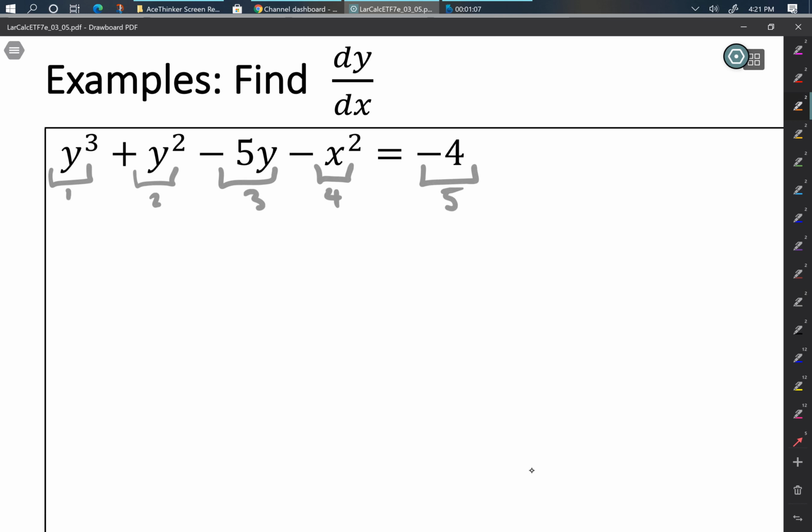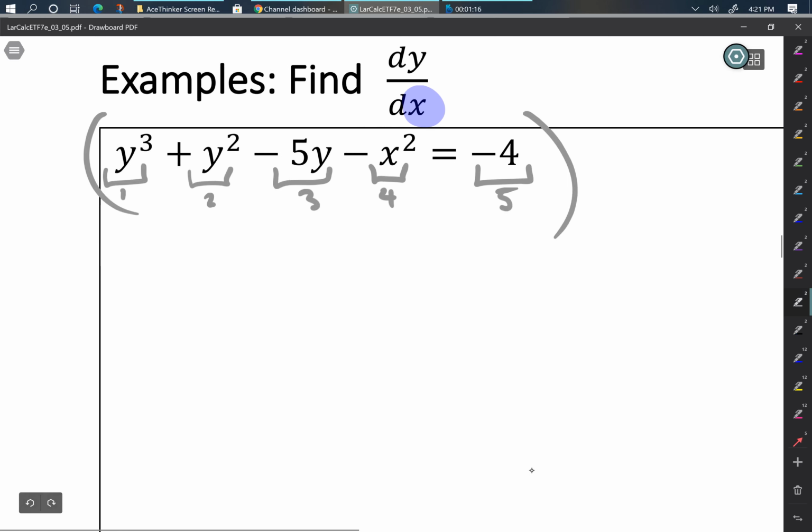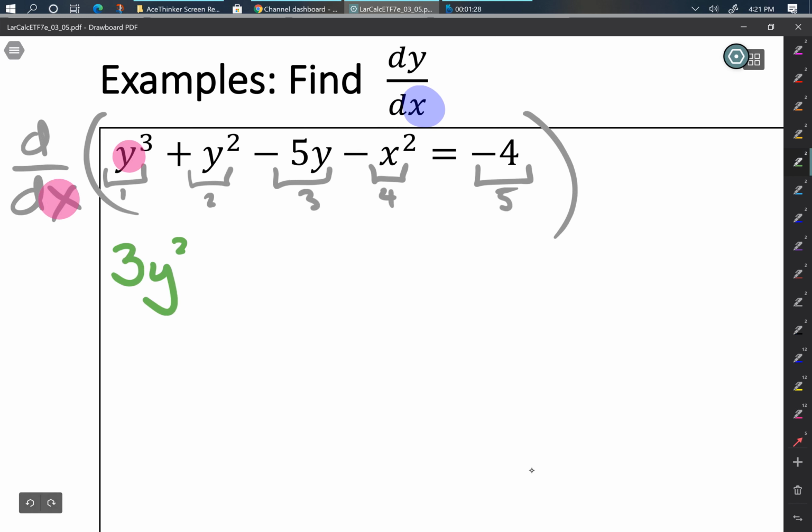First term is y cubed. The derivative that I'm looking for is dy/dx. So essentially the operator that is not written that would be sitting out there would be d/dx. And since the variable of the first term does not match the variable of the operator, chain rule. So that first one's going to be 3y squared times dy/dx.